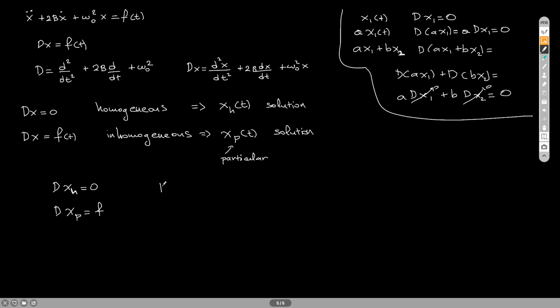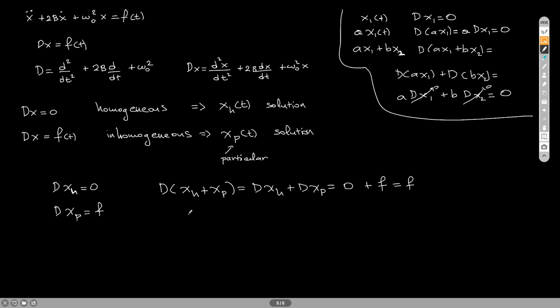Now, I want to see what happens when I use the sum of those two, x sub h and x sub p. As I said, I know that D x sub h will give me a 0, and the other term will give me the driving force. So this is equal to the driving force.